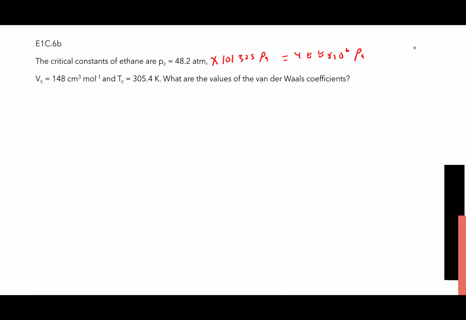Our critical volume is in cubic centimeters. To change that to cubic decimeters, we're going to divide by 1,000. It's going to be 0.148 decimeters cubed per mole. Make it a little bit easier on ourselves. Now, if you go back and look, there's a very simple place to start.